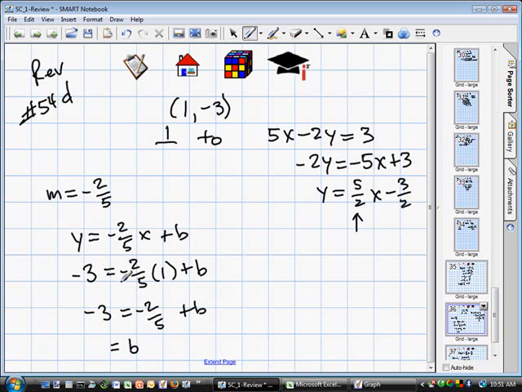I suppose let's do it in terms of fifths. -3 is -15/5. And if you add 2 to that, it's -13/5. So, the equation must be y equals -2/5 x plus -13/5.